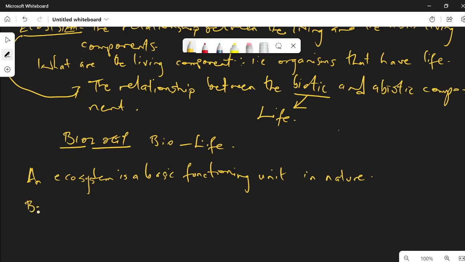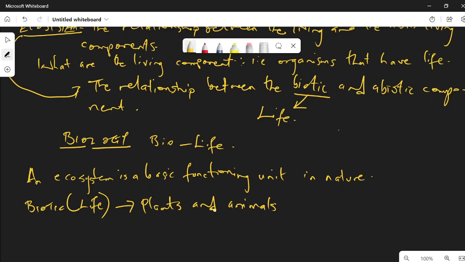The biotic components are the ones that have life in them. Examples of biotic components are plants and animals, organisms that have life in them.